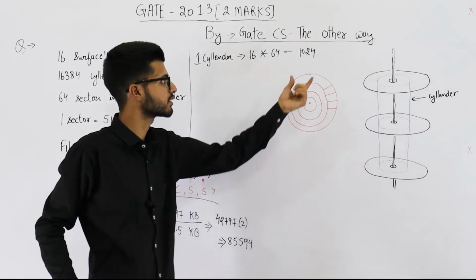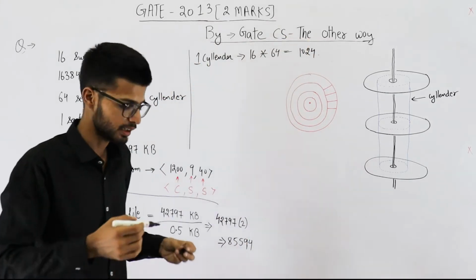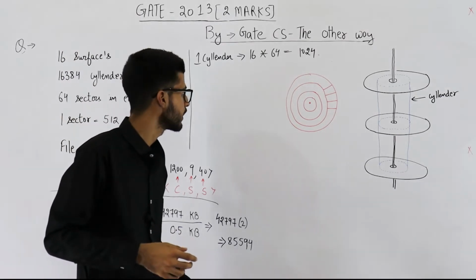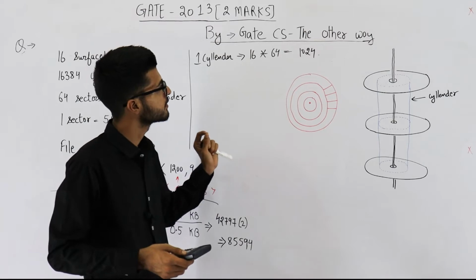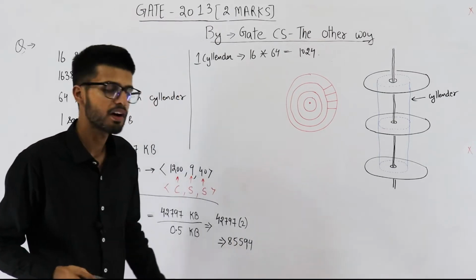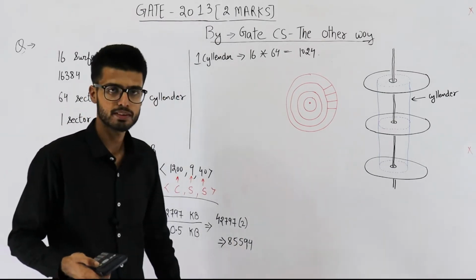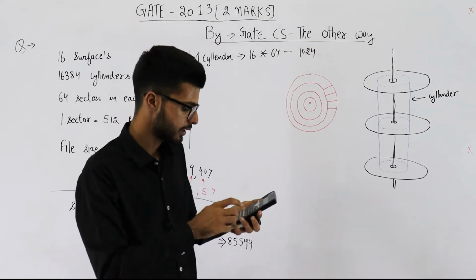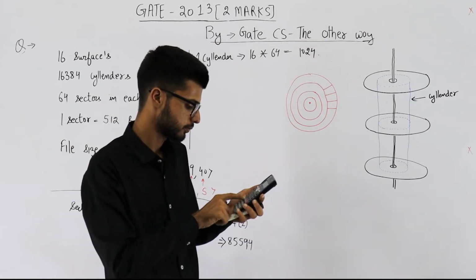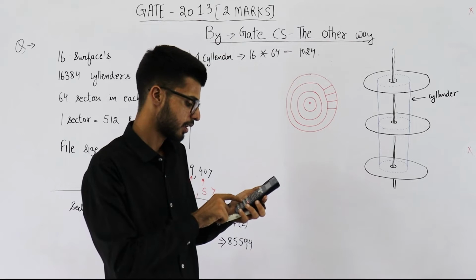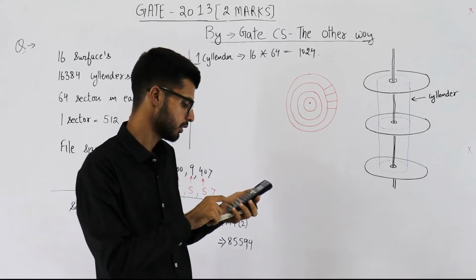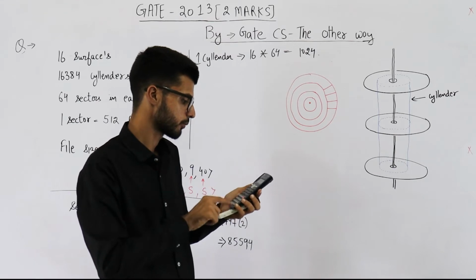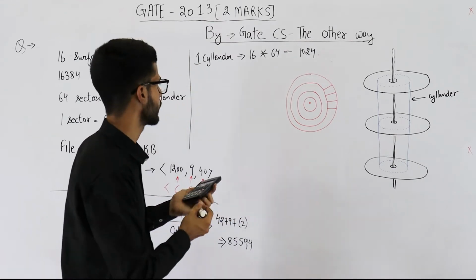So each cylinder will have these many sectors. Let's find out how many cylinders will be required by 85,594 sectors. So let's divide 85,594 by 1024. This is 83 point something.